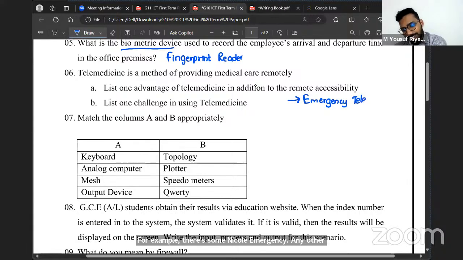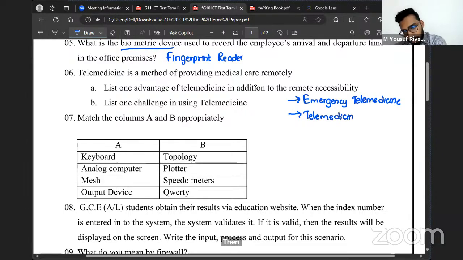Then telemedicine consultation. Then telesurgery. Then home health medicine.